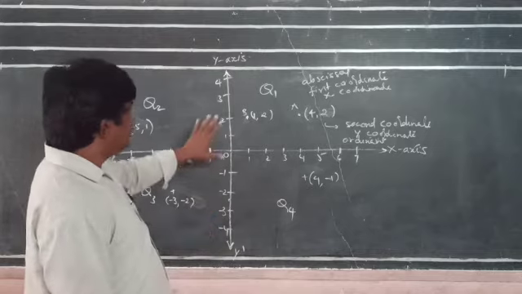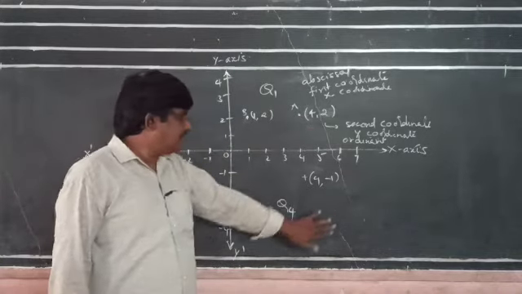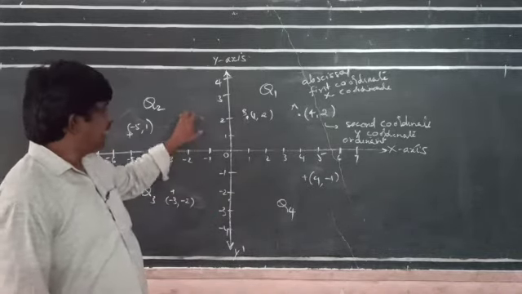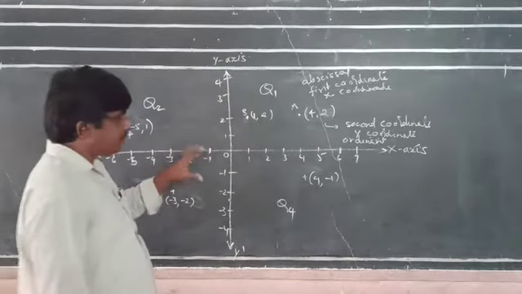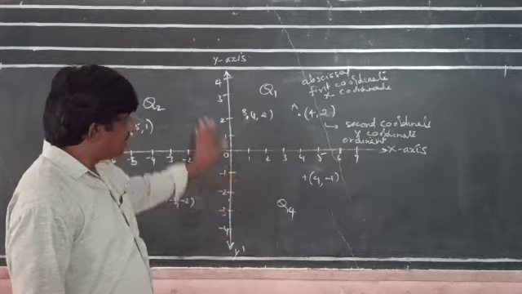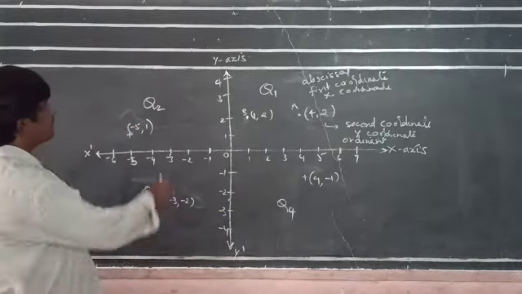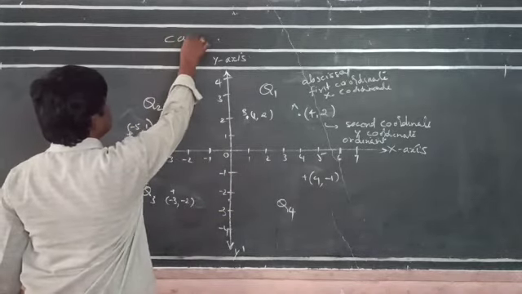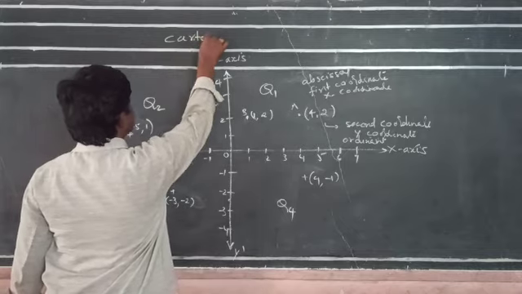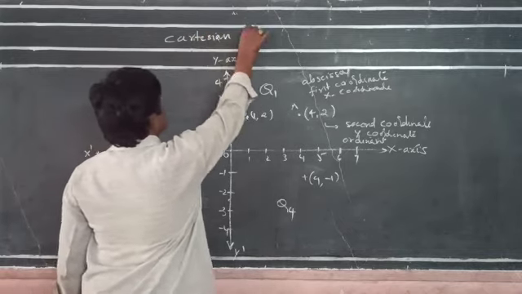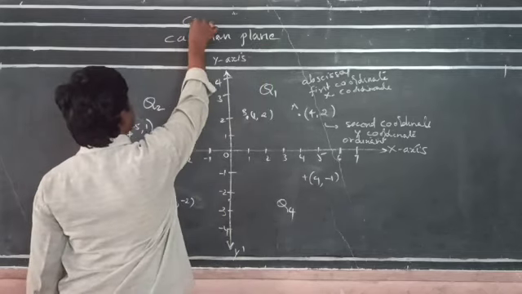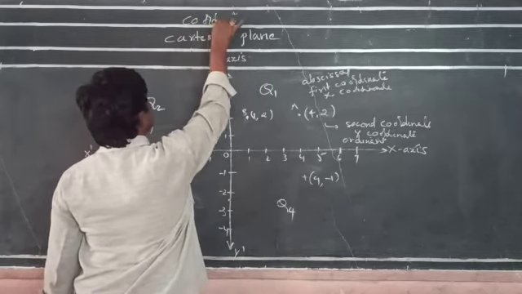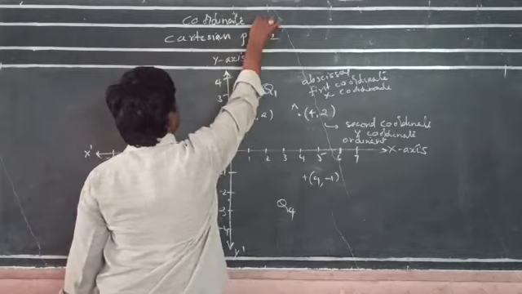By using the Cartesian concept, he gave addresses to each and every one of the infinite points. Therefore, he named this plane the Cartesian plane. This is also called the coordinate plane.